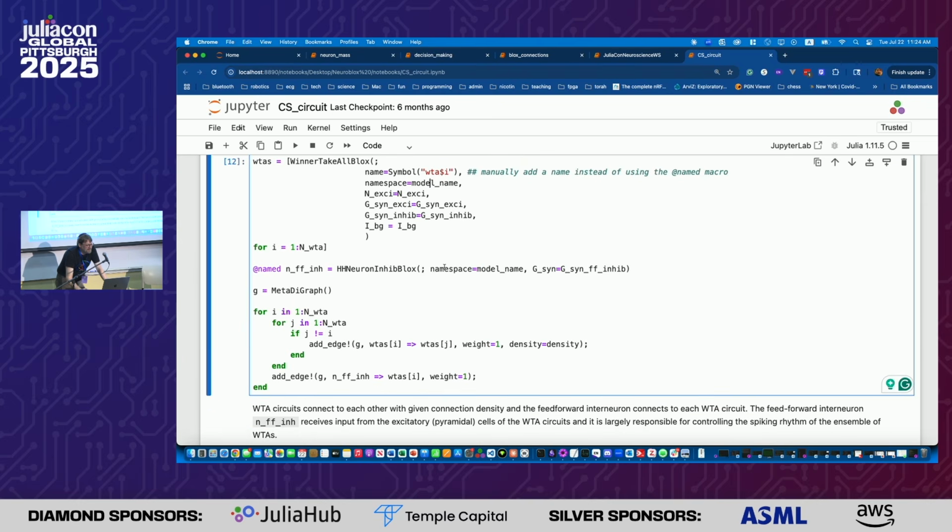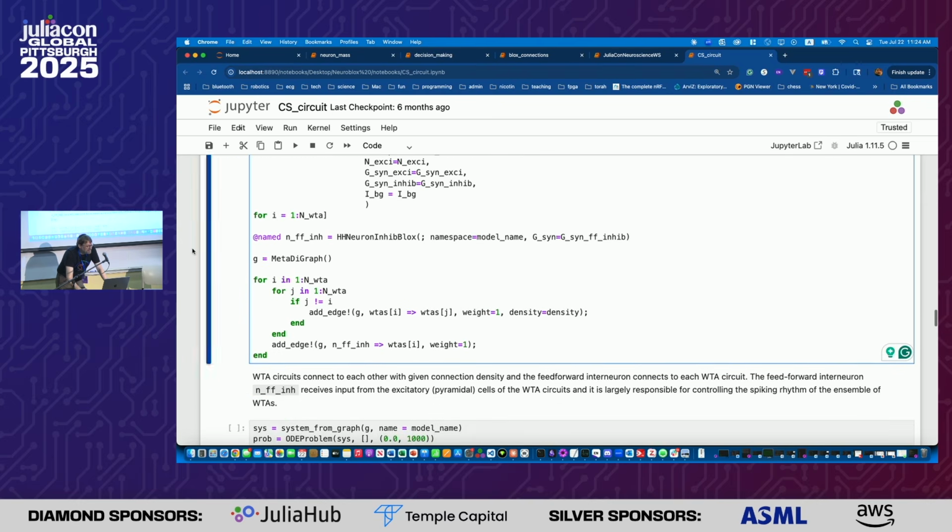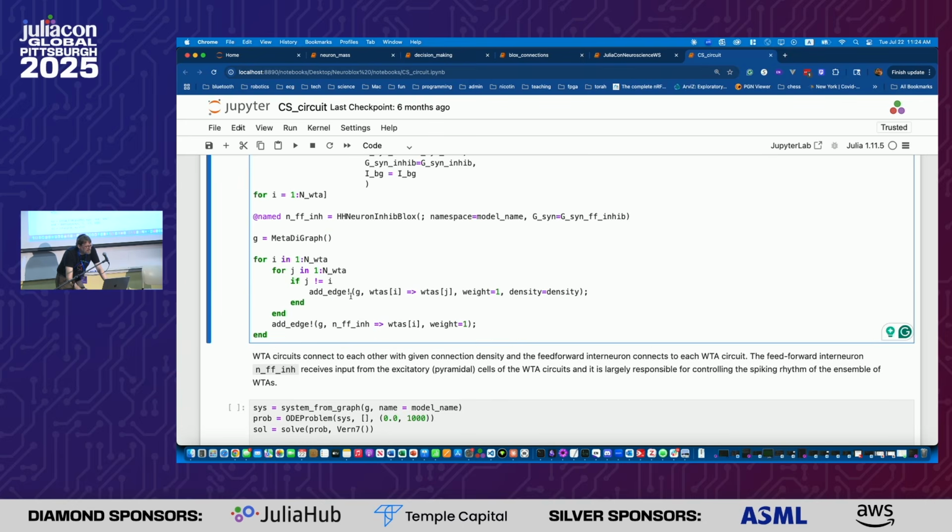Then we create an inhibitory neuron, and then the meta digraph essentially is connecting all the winner-takes-all circuits together with a density equal to 1%. So every single winner-takes-all circuit connects to every other winner-takes-all circuit with a 1% density.